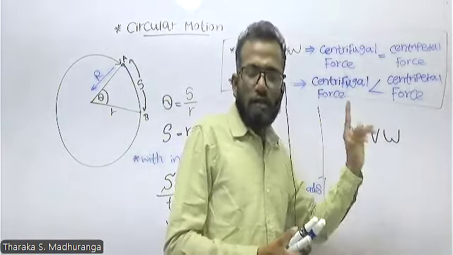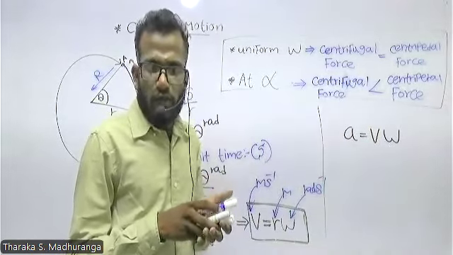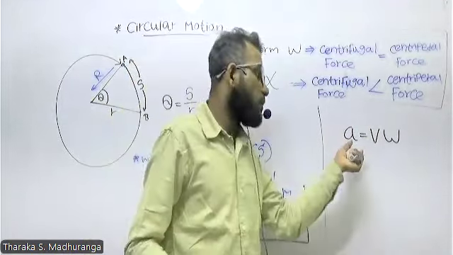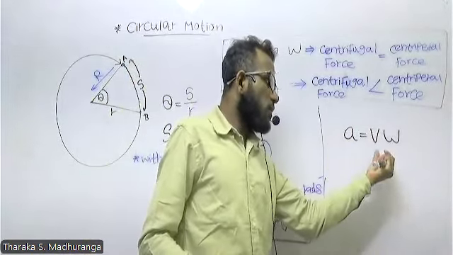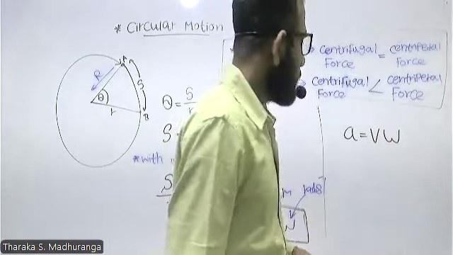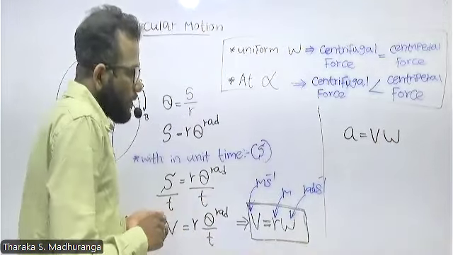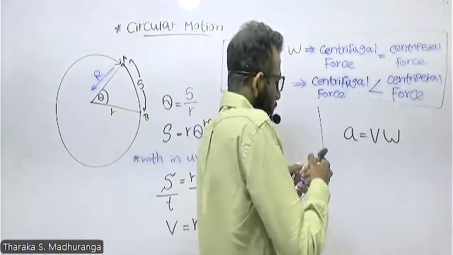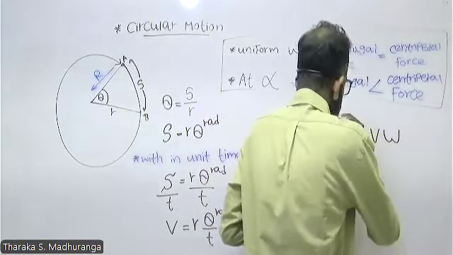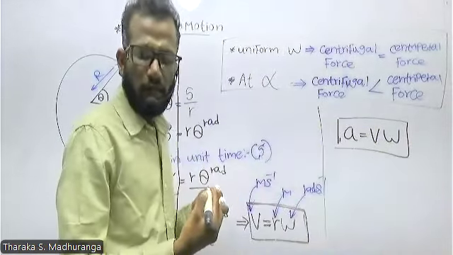What is the unit of acceleration? Acceleration unit is m s^-2, sorry. m s^-1 means speed; the speed is m s^-1, angular velocity is radians per second. This is the main equation for centripetal acceleration.